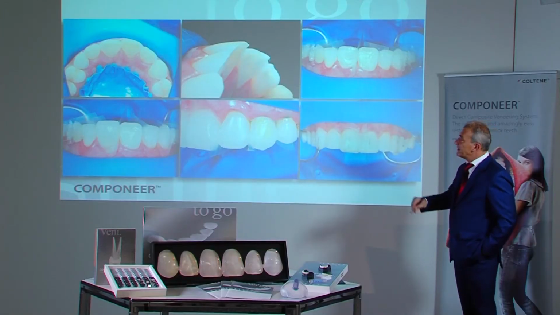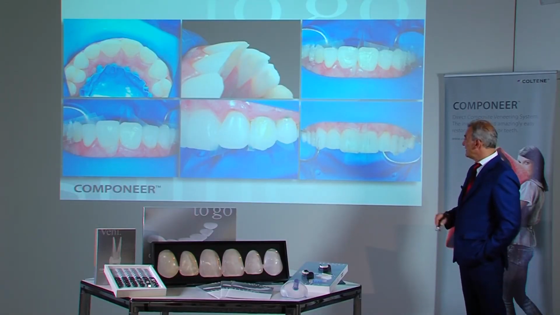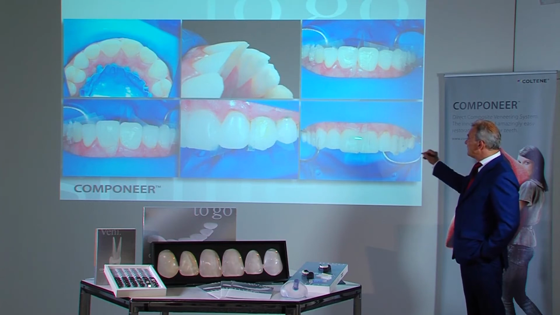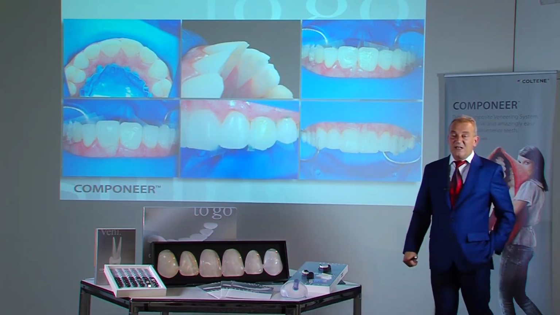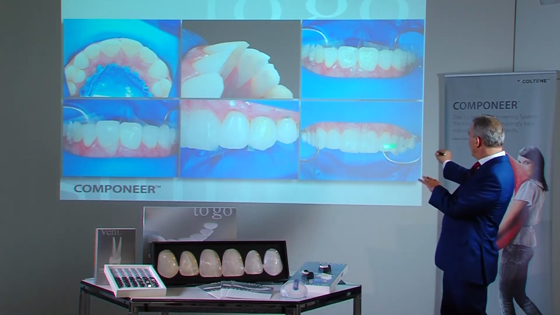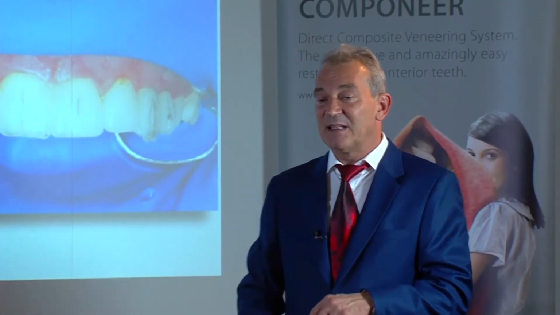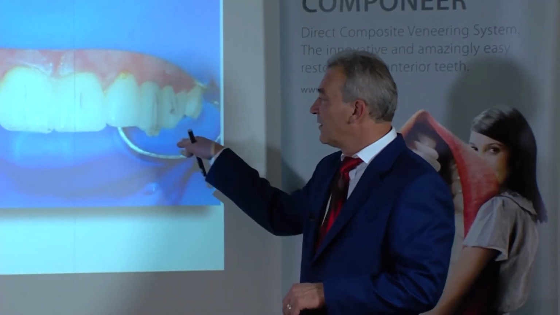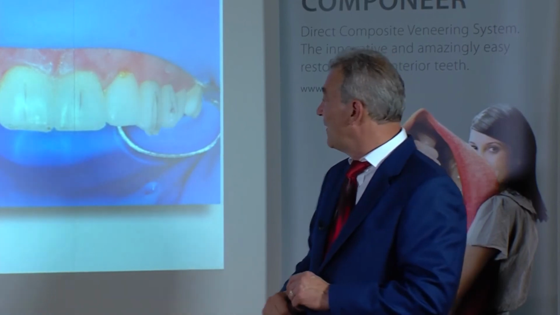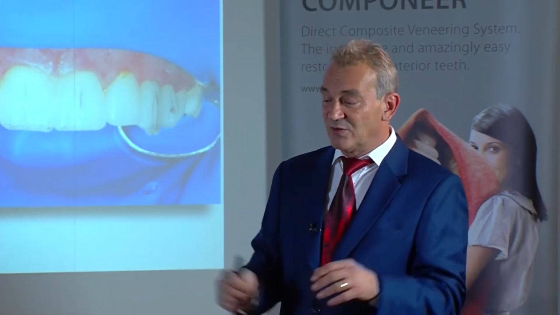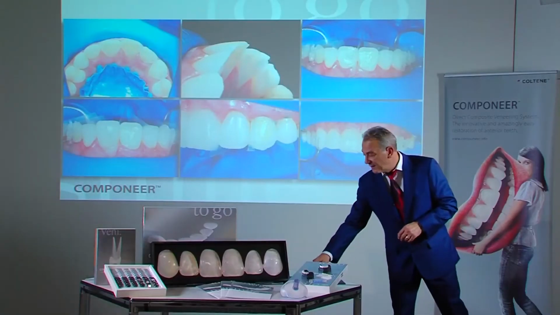And finally, the crown is veneered with componeer. So far, we've not taken care of the axial inclination outside the incisors or the length. Shortening or reduction will be done at the end to adapt the dental arch accordingly.